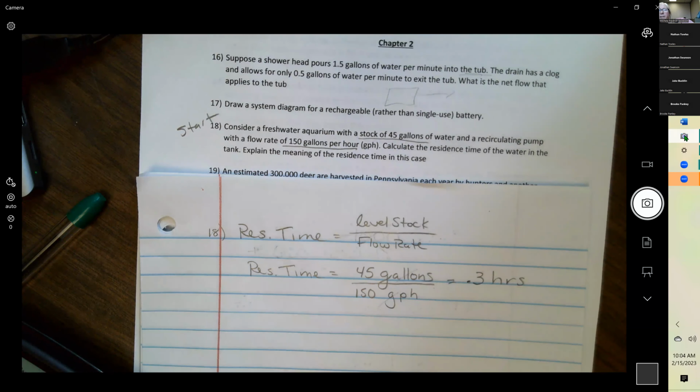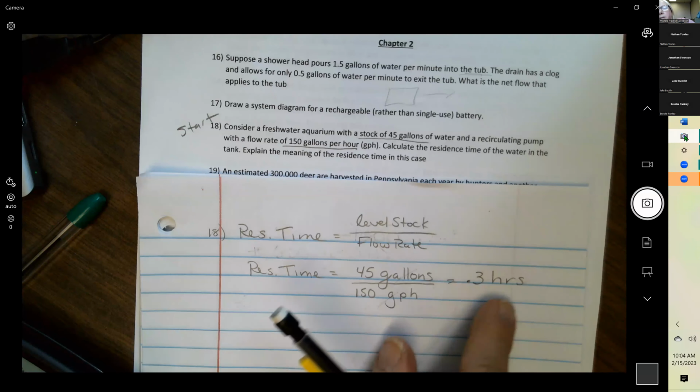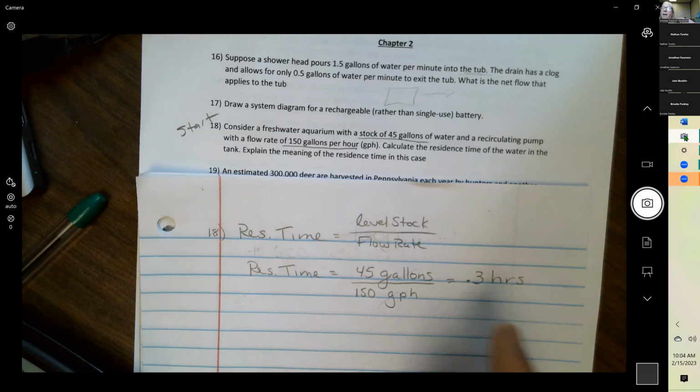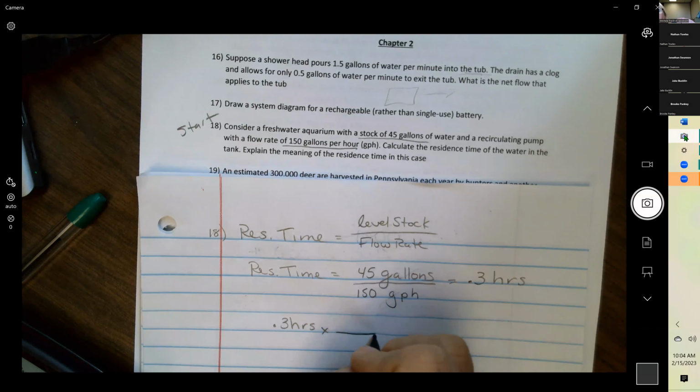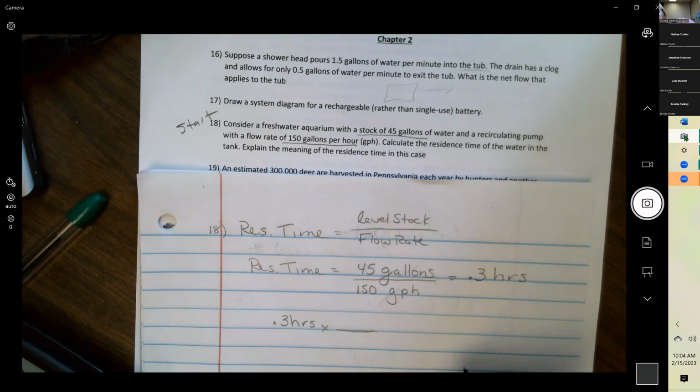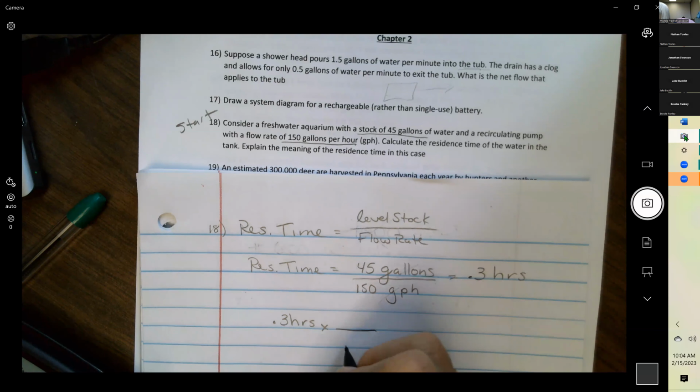So it takes 3/10 of an hour. Let's change it to minutes, because this is kind of small. Maybe a half hour we'd be able to visualize, but 0.3 hours. We could go one unit smaller to minutes. We know 1 hour is 60 minutes.